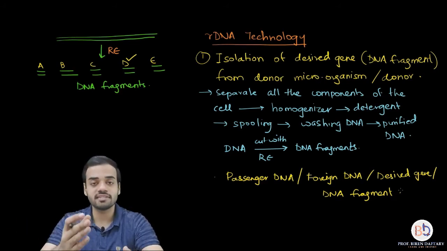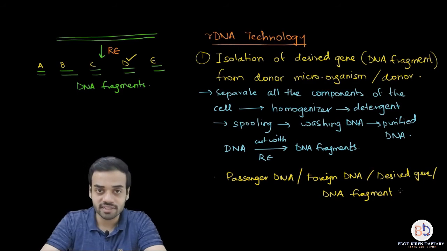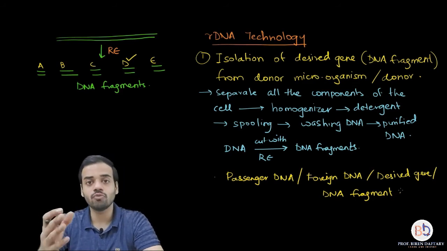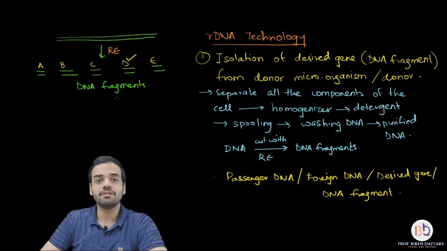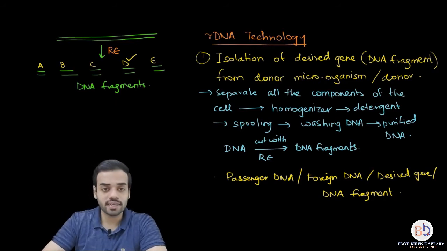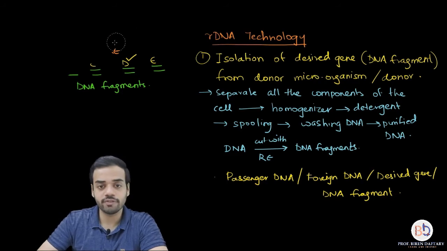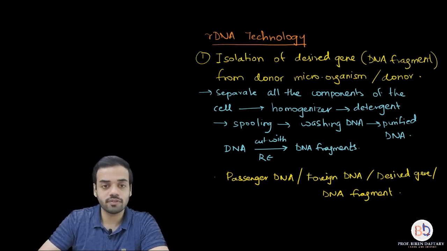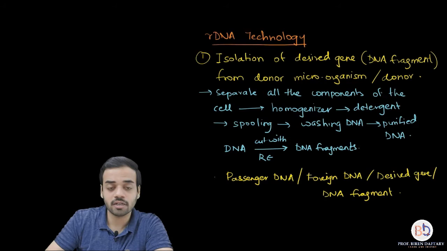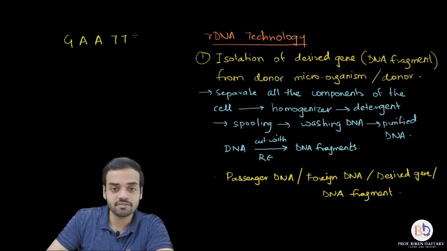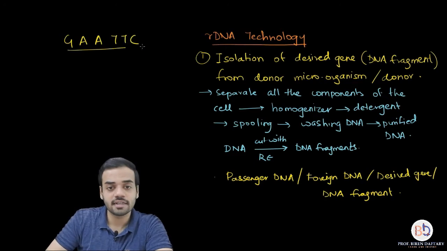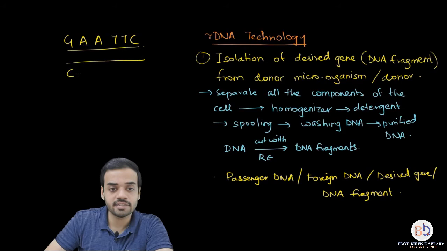You have already seen the video on restriction enzymes, so I'm sure you know what sticky ends and blunt ends are. For example, suppose I use the EcoR1 restriction enzyme. It recognizes the sequence GAATTC on one strand, and on the other strand it recognizes CTTAAG.